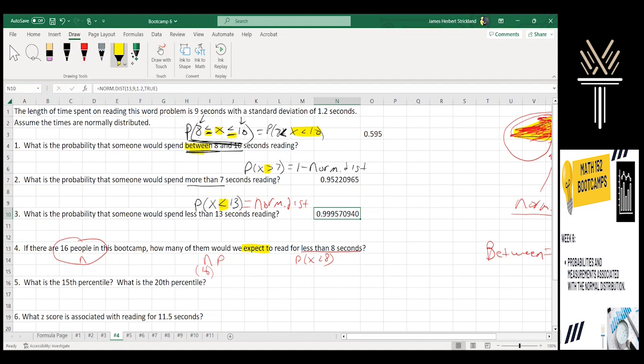Oh, wait, we know what less than means. Less than means norm.dist. So let's get it. Norm.dist of 8, given the mean is 9, the deviation is 1.2, always true. We have the p. Our n is 16, so our expected value is their product, p times n. Order doesn't matter.